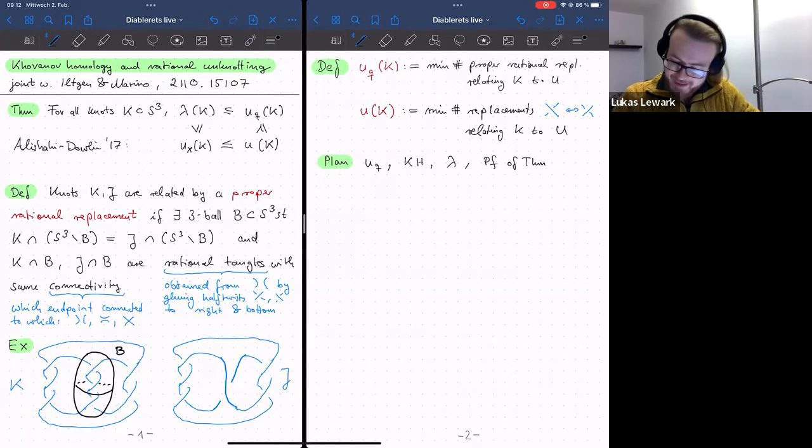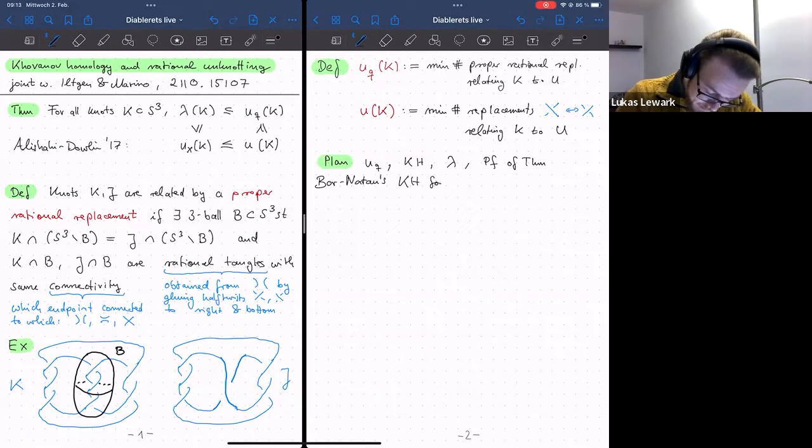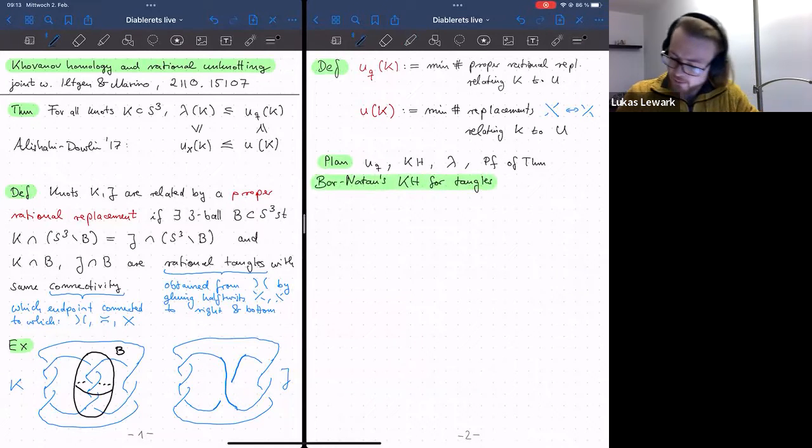Now let me tell you a bit about Khovanov homology, more precisely about Bar-Natan's version of Khovanov homology for tangles. My assumption is that most of you are more or less familiar with this, so it will be quite brief.